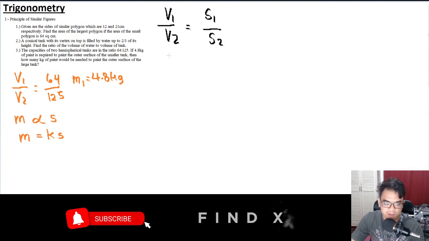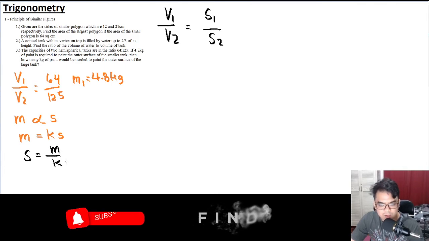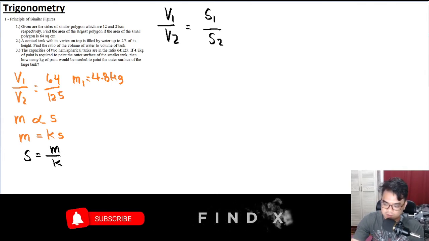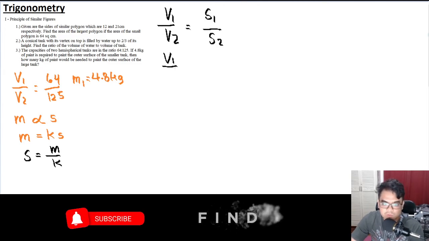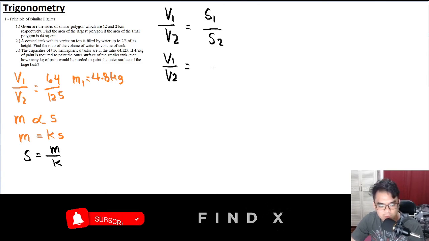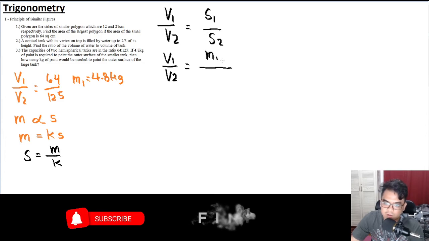From this equation, you can have S is equal to m over k. So v1 over v2 is equal to S1 over S2, which I can rewrite as m1 over k for S1, and m2 over k for S2.